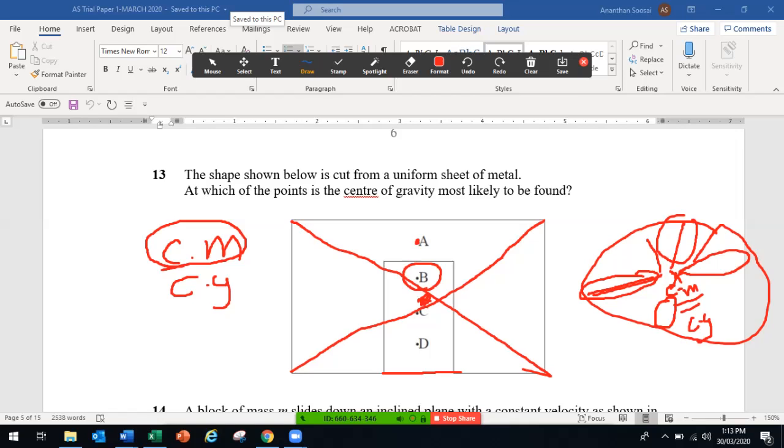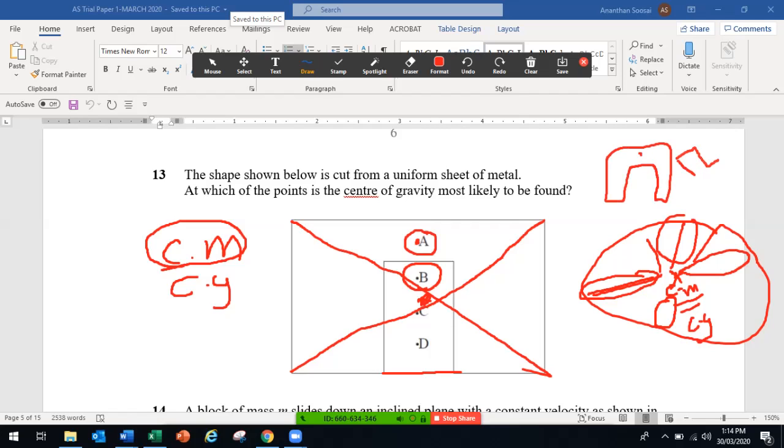If you go to A, can you balance it? You can't balance it at A. If you put a finger here at A, can you balance the thing? You can't balance it, if you put your finger here, like this shape.